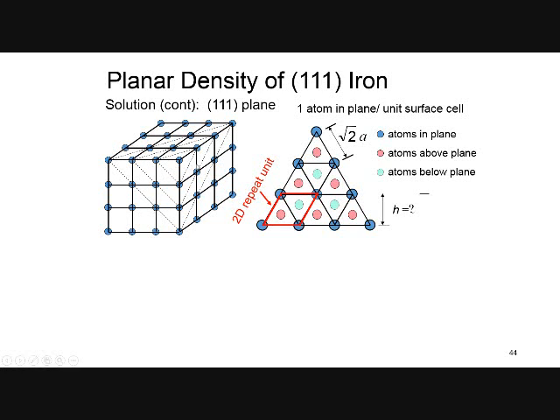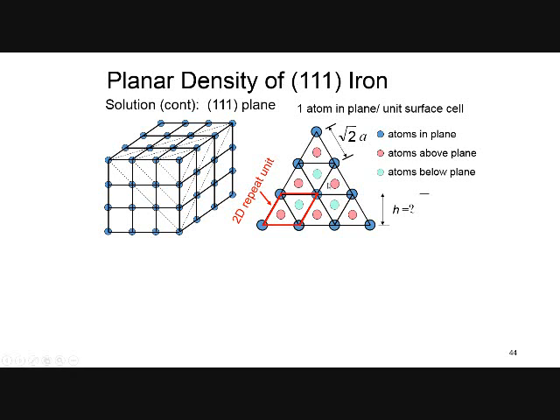So what we do, we try to look perpendicular to these triangular planes, as you can see here. Then we have to find the number of atoms in each plane and divide it by its area in order to find its planar density.